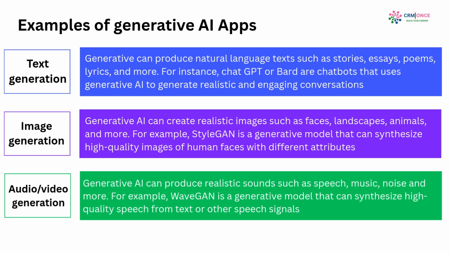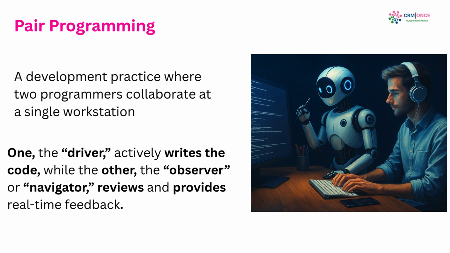Audio-video generation: tools like WaveGAN or others can generate speech, music, and sound effects. Pair programming. Definition: a collaborative coding approach where two programmers work together at one workstation. Roles: the driver writes the code, the navigator reviews, guides, and strategizes.